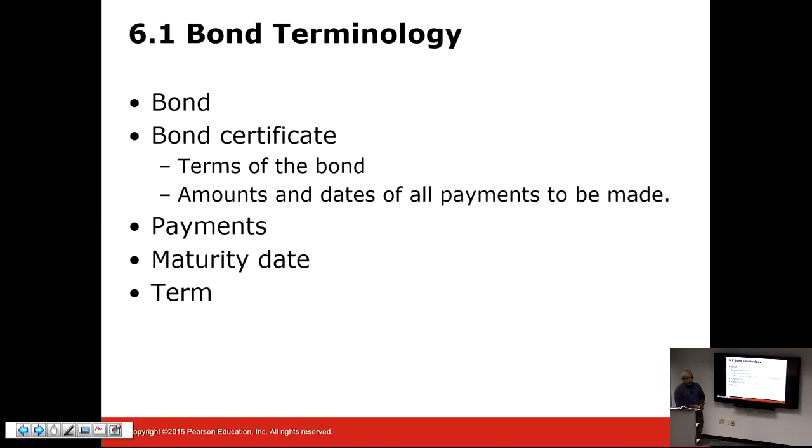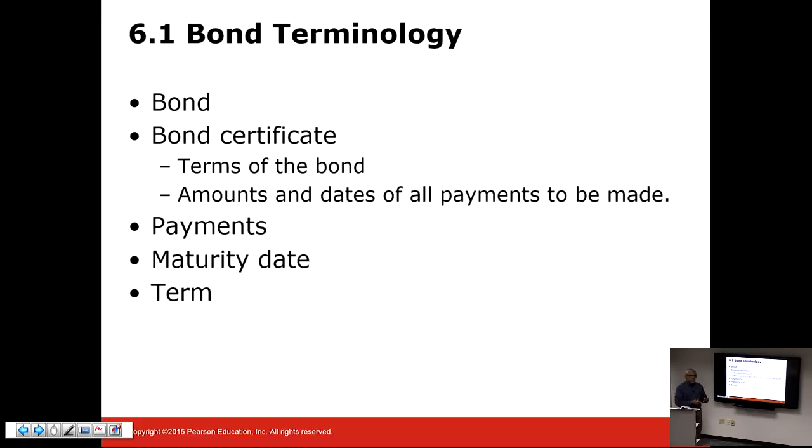selling bonds. Bonds are debt instruments, meaning they are designed as just a straight loan. Essentially, the firm is taking out a loan from not a single bank, but from a collection of bondholders.